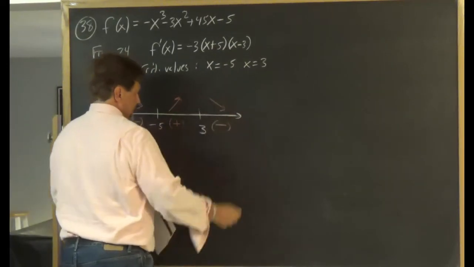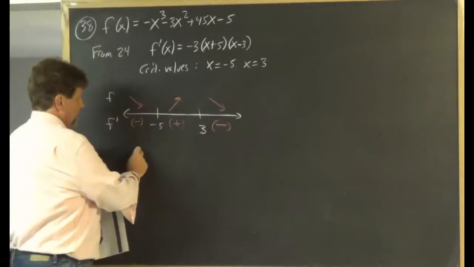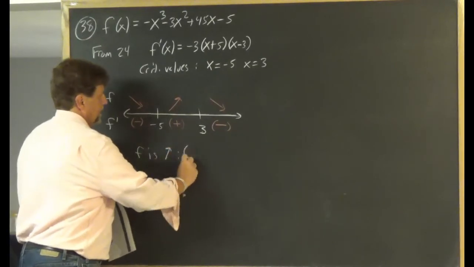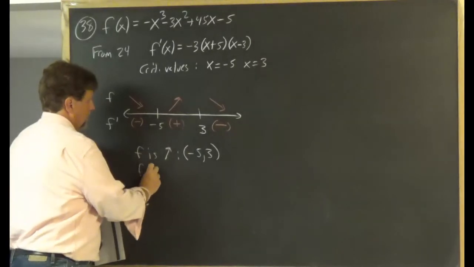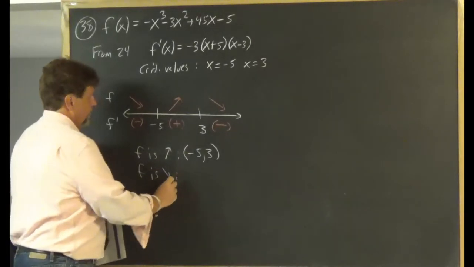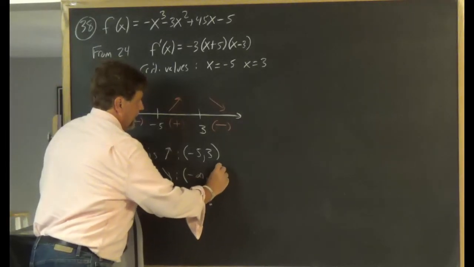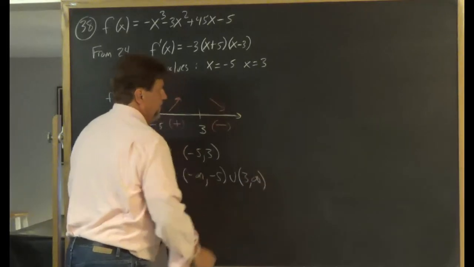The function is decreasing. So the sign diagram tells us that the function is increasing on the interval -5 to 3. The function is decreasing on the interval -infinity to -5, union with the interval 3 to infinity.